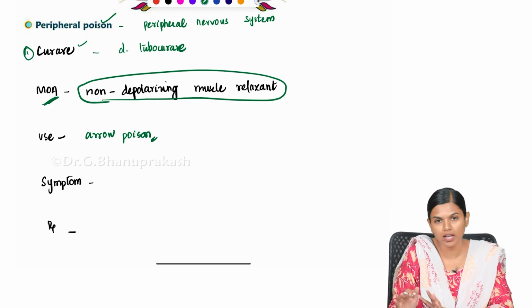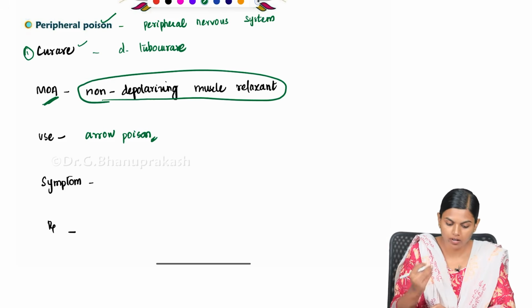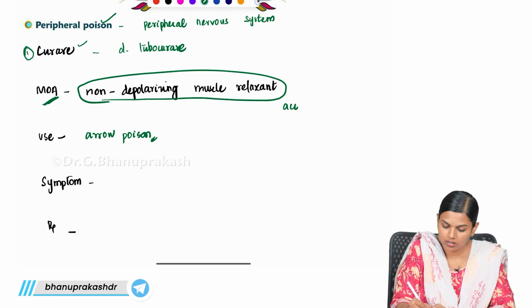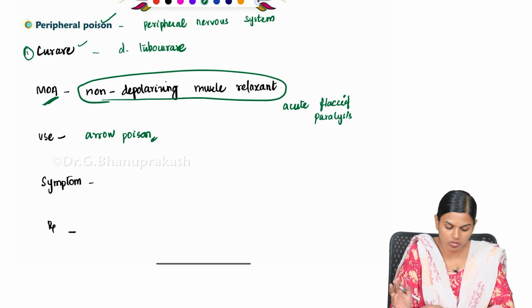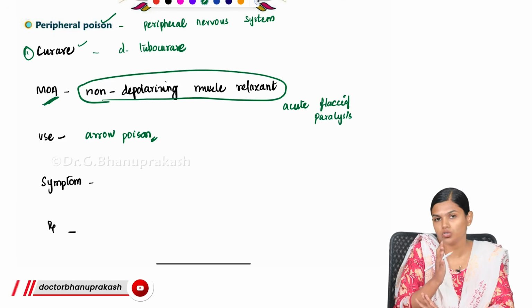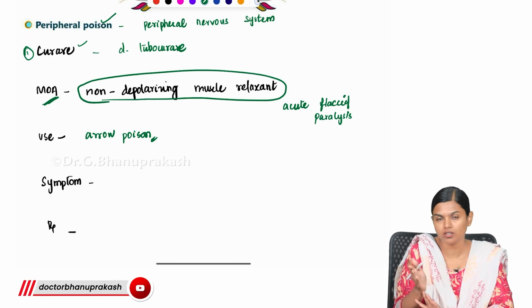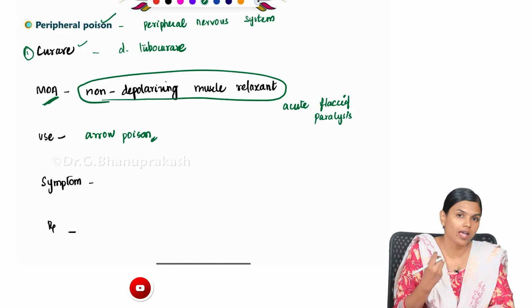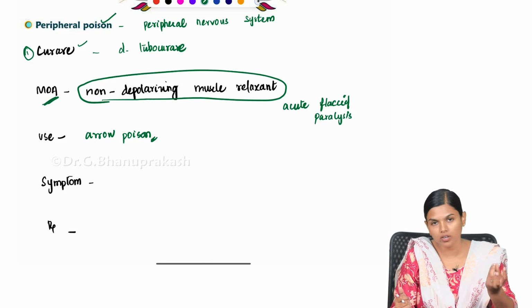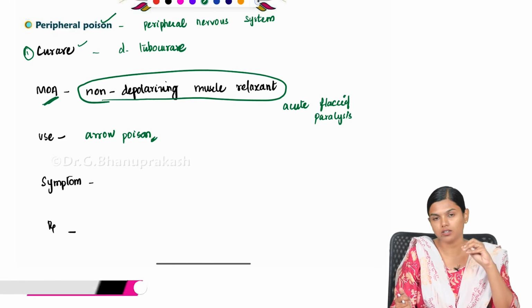It will cause the relaxation of the muscle, and because of that there will be acute flaccid paralysis. This is what basically happens when this poison is ingested. It is used for paralyzing the animals, and when you consume that animal, you normally do not get poisoned. Only if you ingest the curare directly will you get the muscle relaxation.